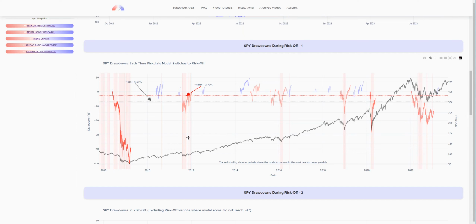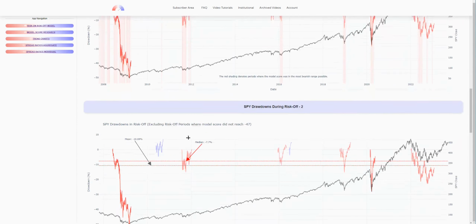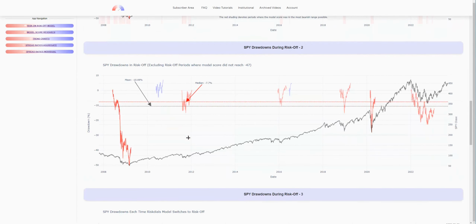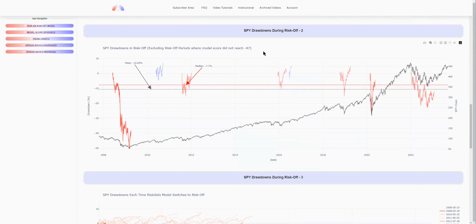Now, what is important to understand is what happens when the market reaches a score of at least minus 47 on any one day.